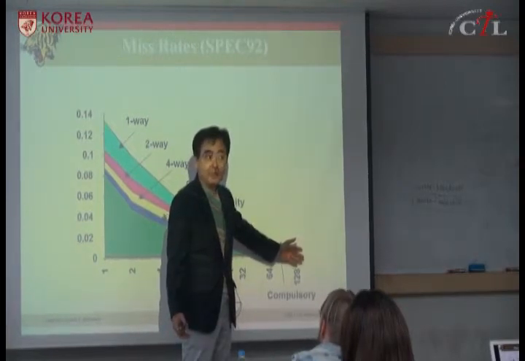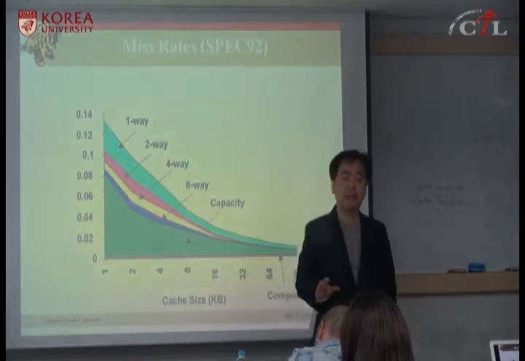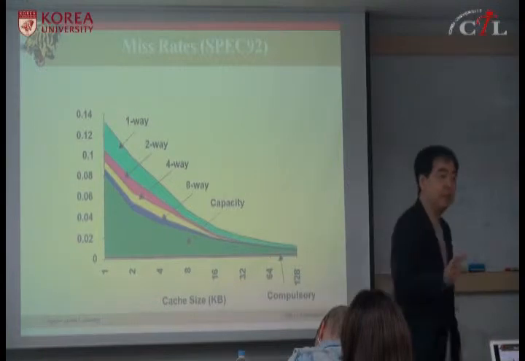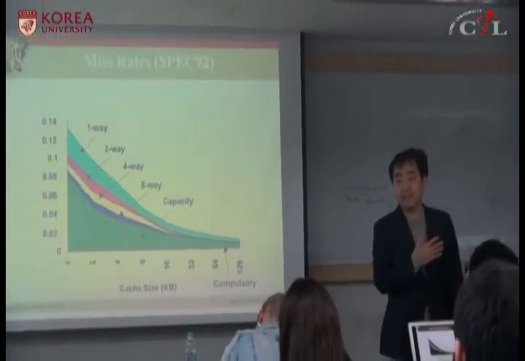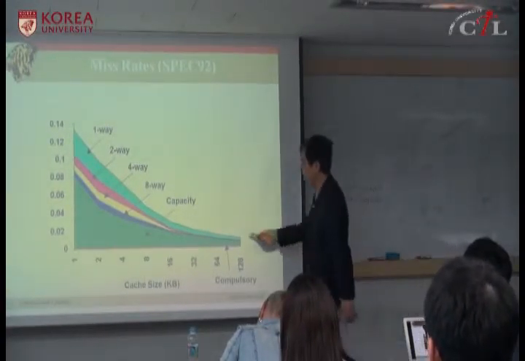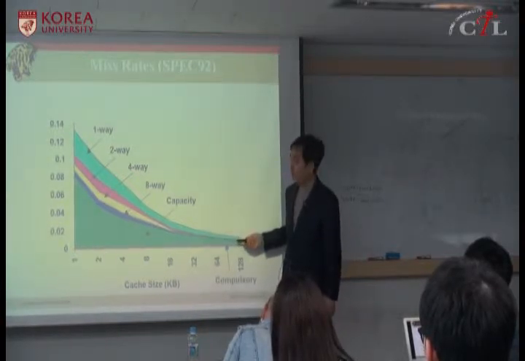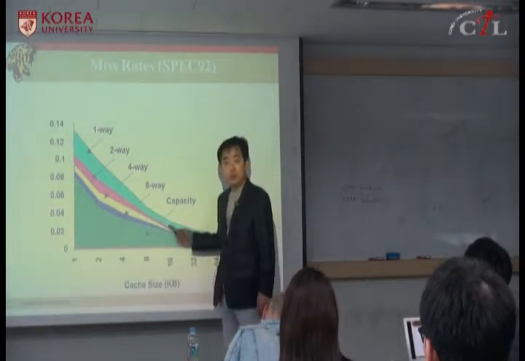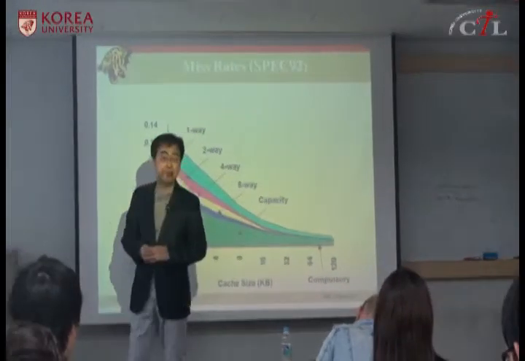For the i7 processor, the first level cache might be about 16 kilobytes, the second level cache maybe 256 kilobytes, and the third level cache maybe 2 megabytes. For the third level cache it doesn't matter much; two-way associative or direct mapped might be enough. But for small caches, the first level caches, you should use two-way or four-way because the cache hit ratio is quite important for the first level cache.